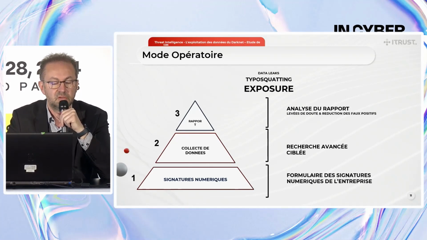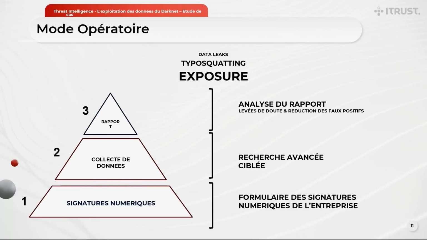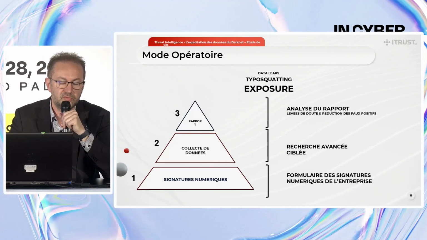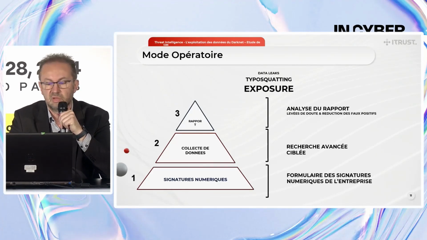We can call them digital signatures. Then our system is going to process that in the deep web and darknet, and through all the discussion channels, it's going to find a tangible element, an evidence element that a discussion has taken place.